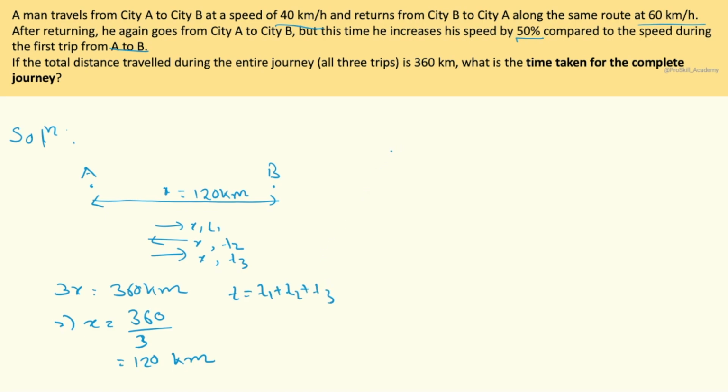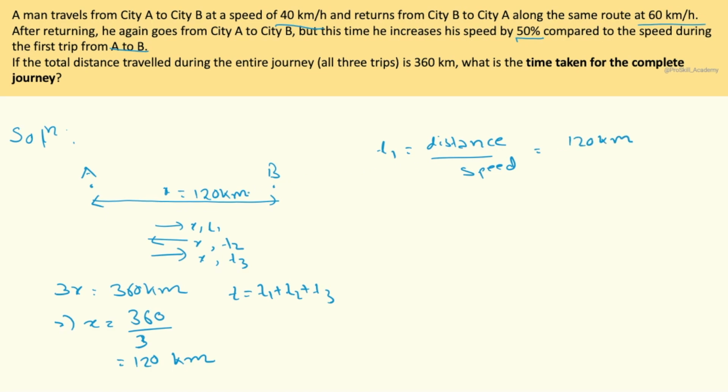Now we know the time taken for a distance traveled is equal to distance divided by speed. Here the distance is x, which is nothing but 120 kilometers.